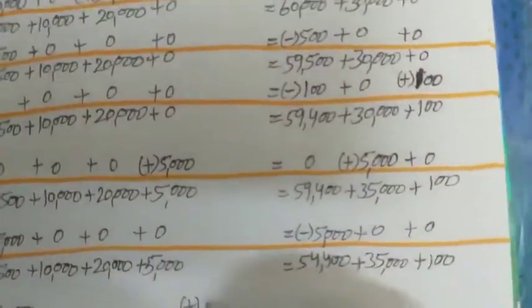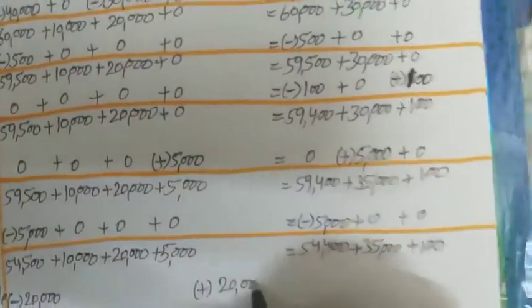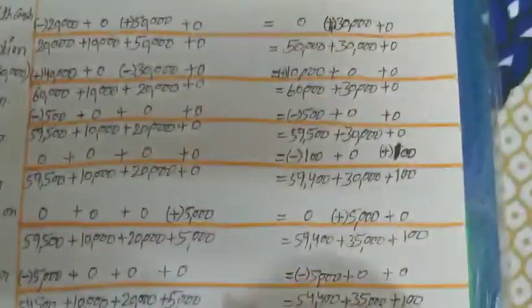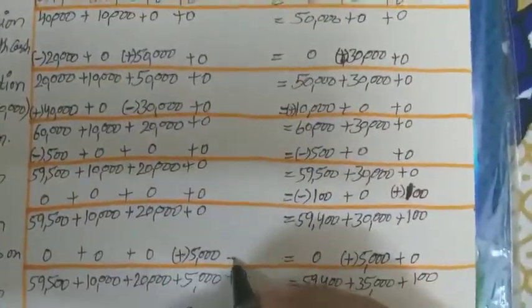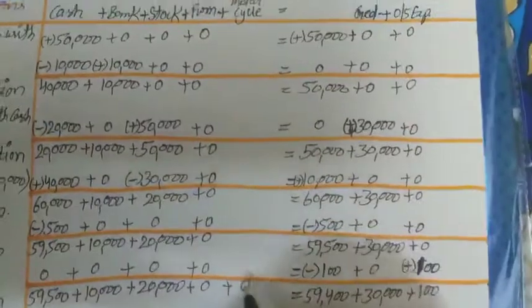So 20,000 rupees value of motorcycle will show in our account now, and in all the above transactions, the value of motorcycle was equal to 0.